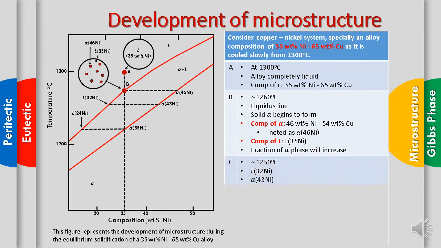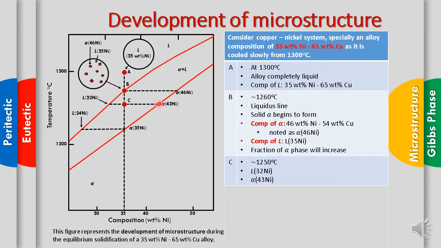Okay, when the temperature is lowered into the region of alpha and liquid, whereby we put the symbol as C, and we can see that we draw a line. From here and from here it will intersect the liquidus and solidus lines.